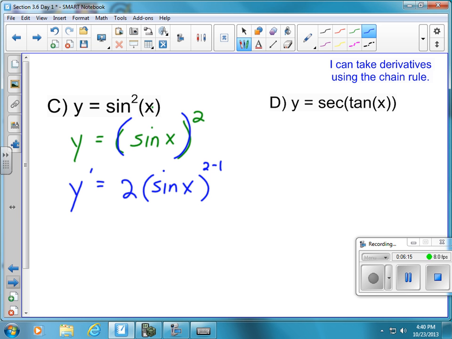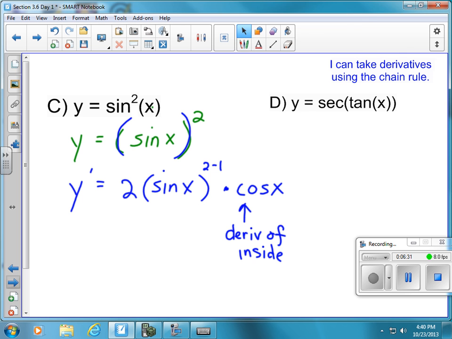And now we multiply times the derivative of sine. So this is the derivative of the inside. The derivative of sine is cosine. Now if we write this simplified, we get the derivative equals 2 sine of x cosine of x.